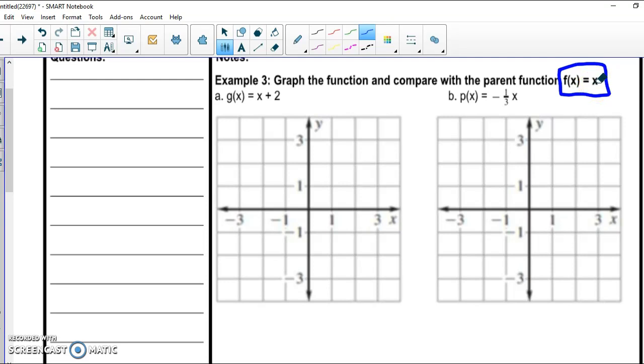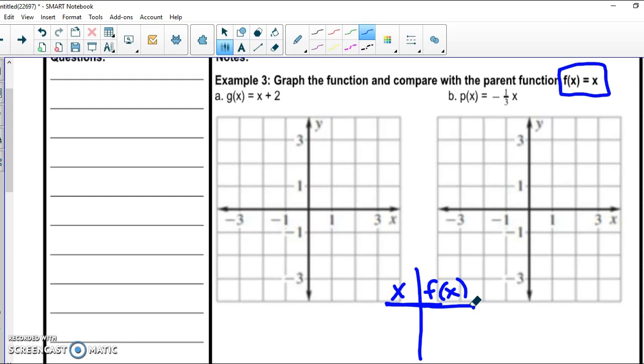So to show this, let's make a table, kind of an xy table, except now you'll notice that we have the function notation taking the place of y. So in my table, I'm going to make an x column and an f of x column. So instead of x and y, I'm going to have x and f of x.